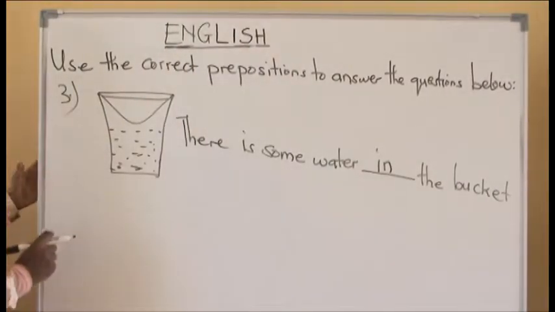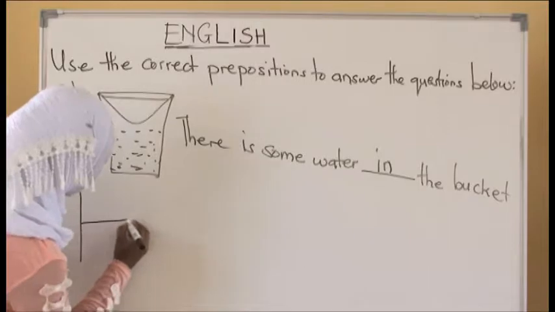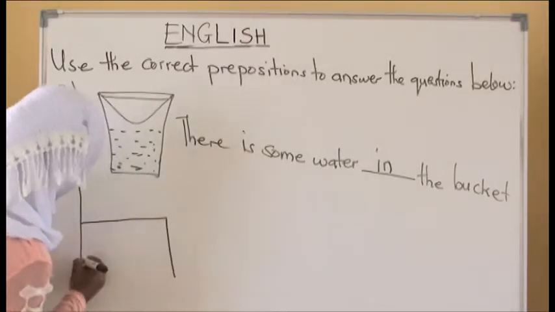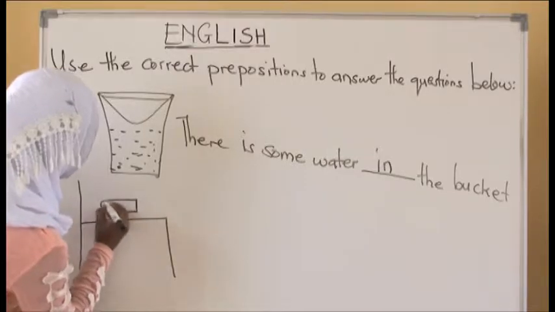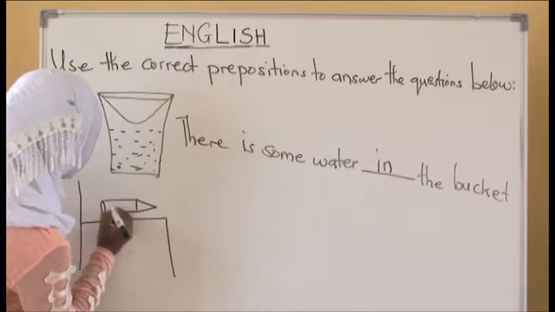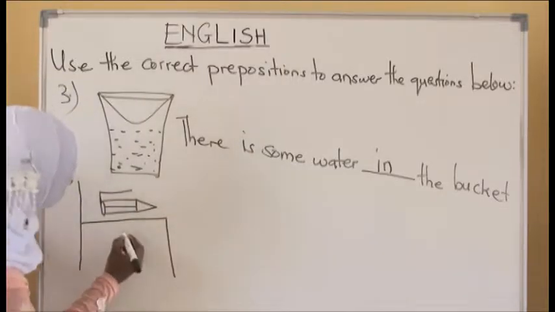In question number 4 and 5, we had a chair here. Then here we had a pen, and here we had a cat.